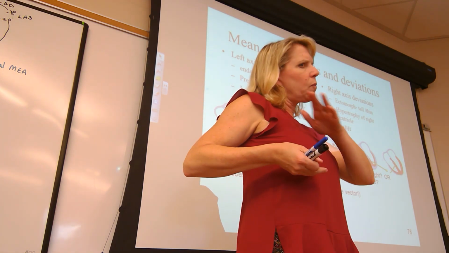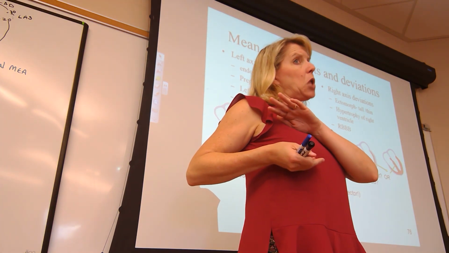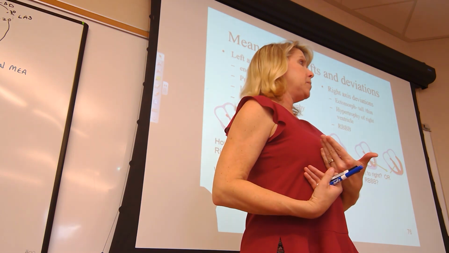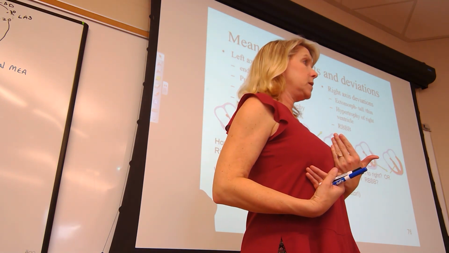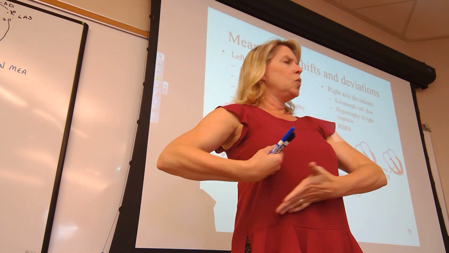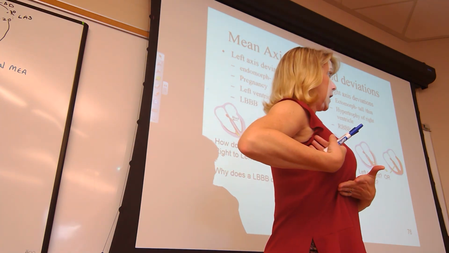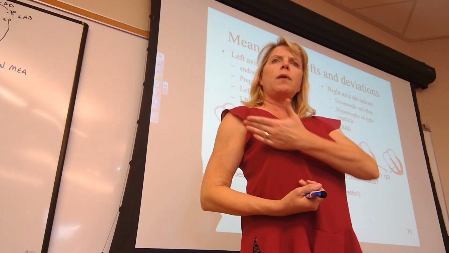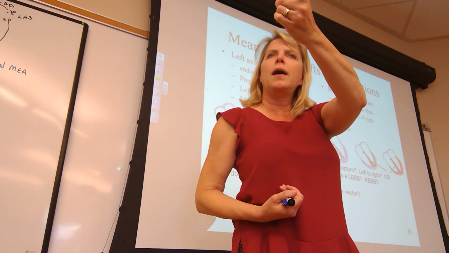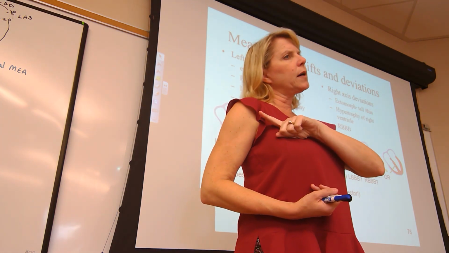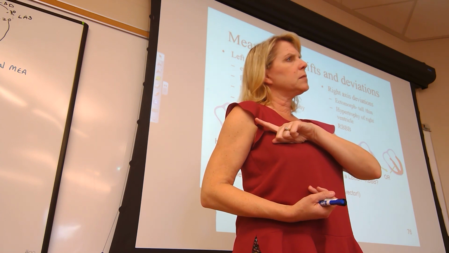But now, if the right bundle branch is blocked, the right side is really going to be behind the left. That means the right ventricular wall will really be behind, and those cells on the right side will be holding positive surface charge. And remember, that's where our vectors point.